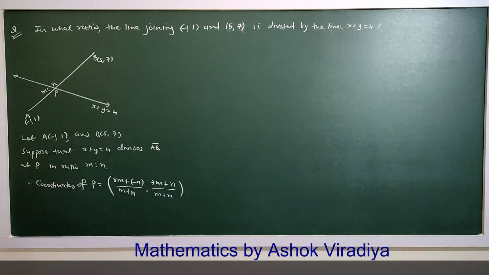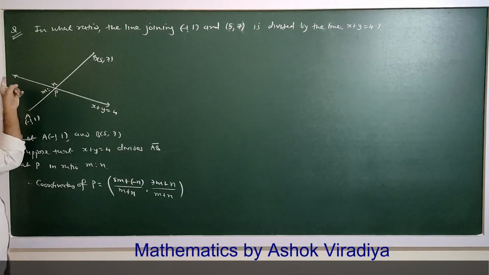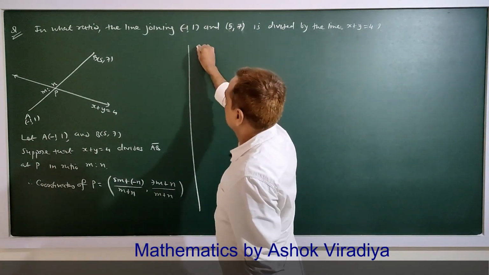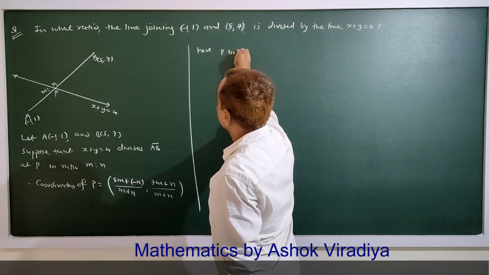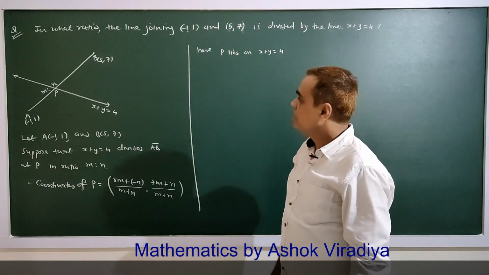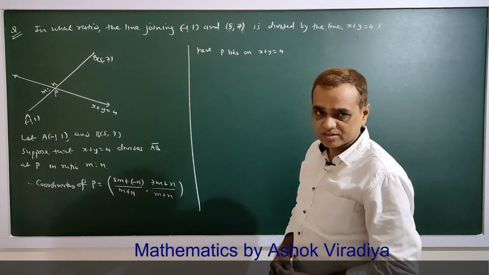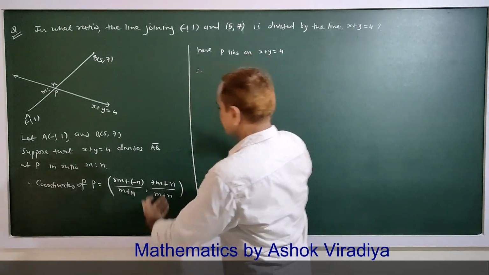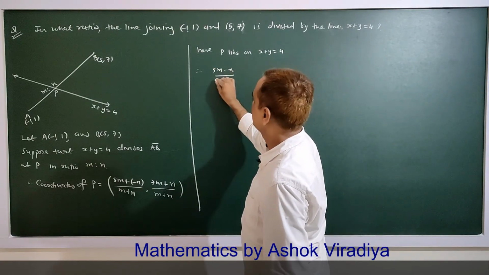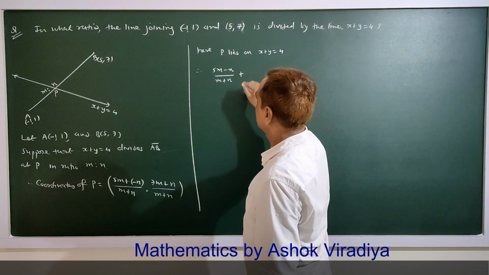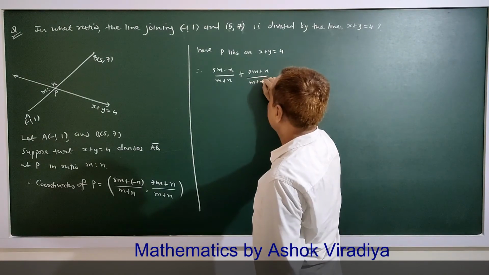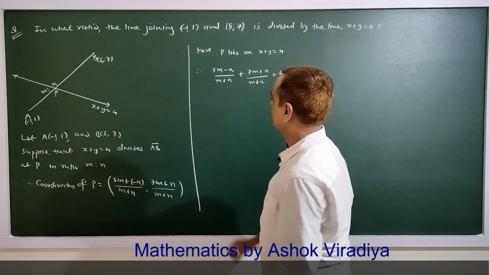These are coordinates of P. Now P lies on this line. Here, this dividing point lies on x plus y equal to 4. So coordinates of P will satisfy this equation. So therefore, putting here these coordinates, value of x is 5m minus n upon m plus n plus value of y is 7m plus n upon m plus n. This is equal to 4.